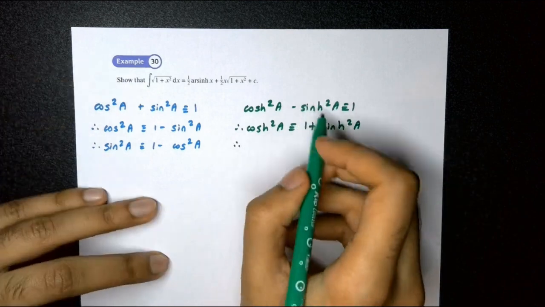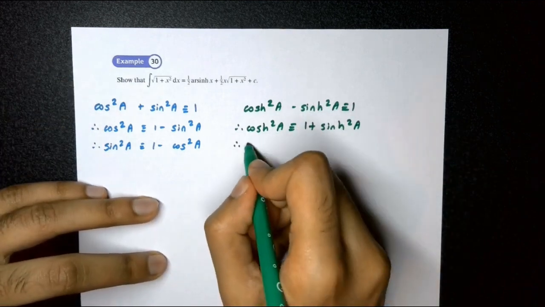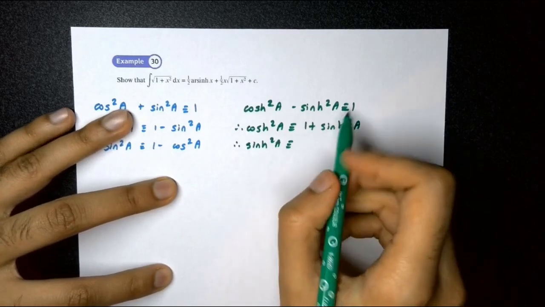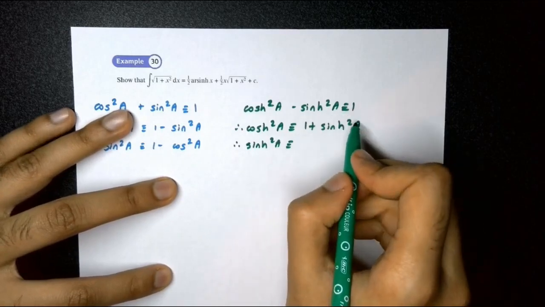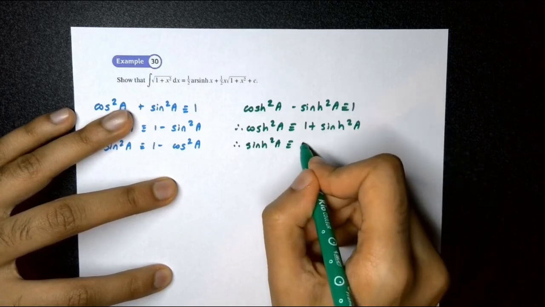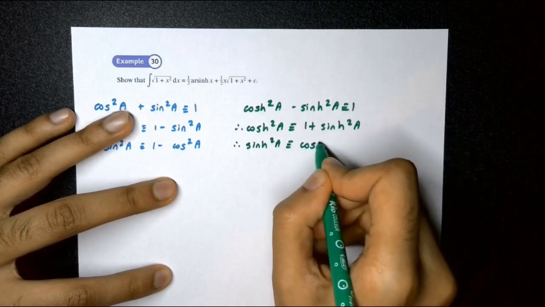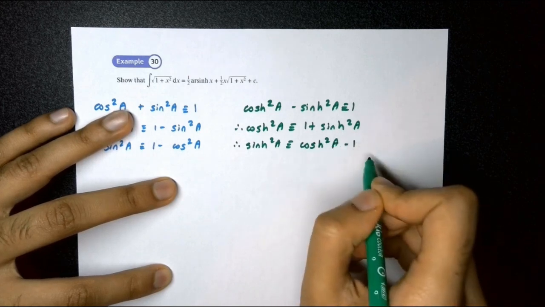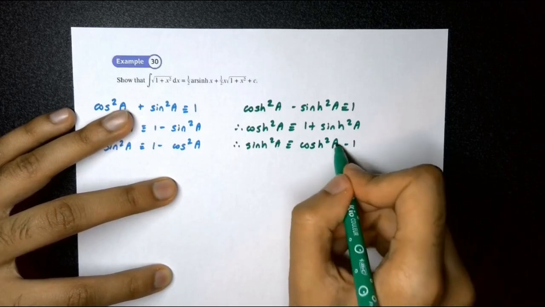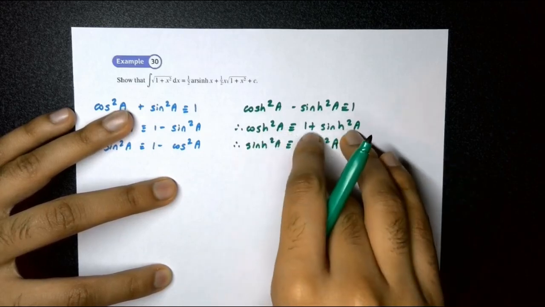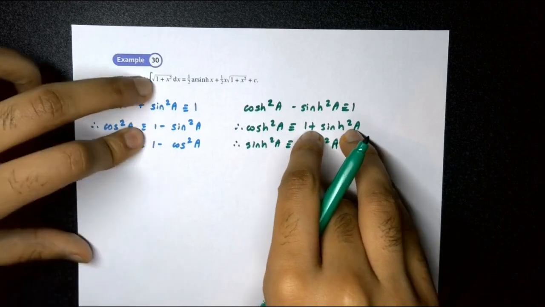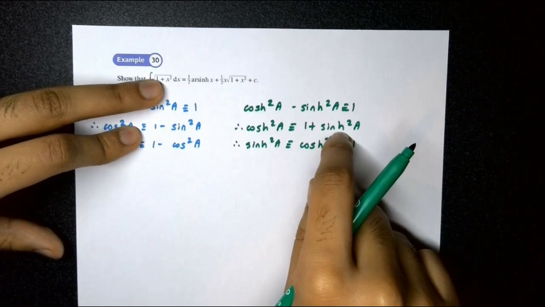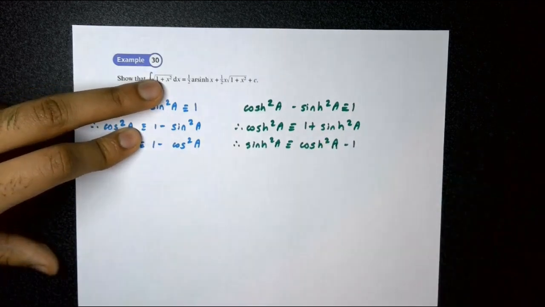And if we rearrange for hyperbolic sine squared, that's the same as hyperbolic cos squared minus 1. The one which matches up nicely is the first result: we've got the 1, and we've got f of x squared matching up with the hyperbolic sine squared.